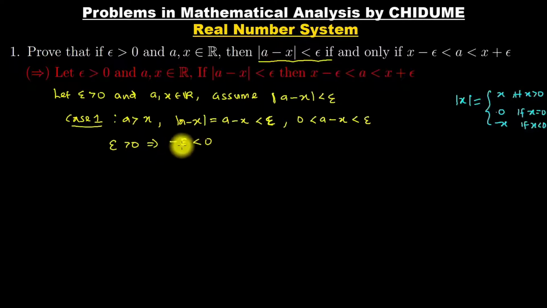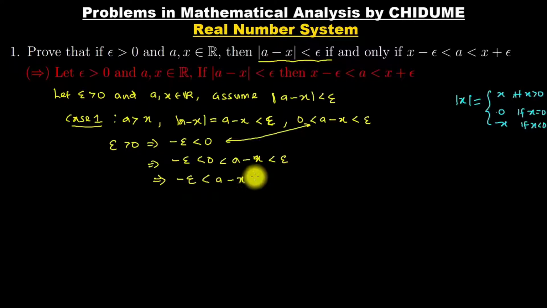Now if negative epsilon is less than 0 and I also have 0 less than a minus x, which is also less than epsilon, if I combine these two inequalities together, I'm going to have negative epsilon less than 0, which is less than a minus x, which is less than epsilon. So this implies that minus epsilon is less than a minus x, which is less than epsilon.